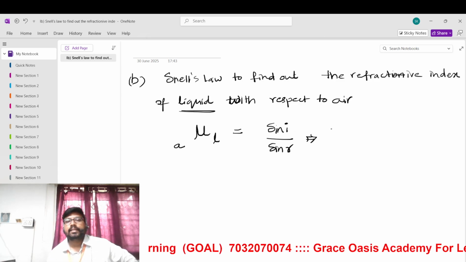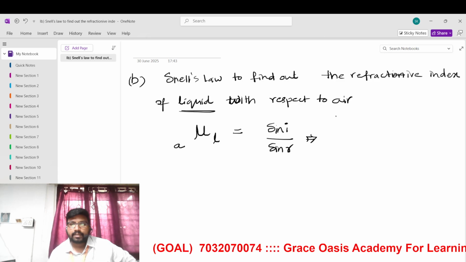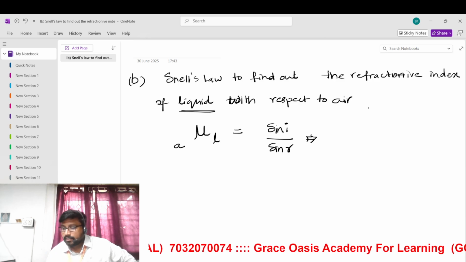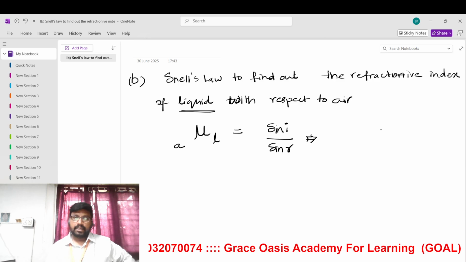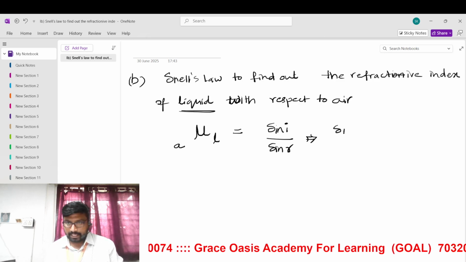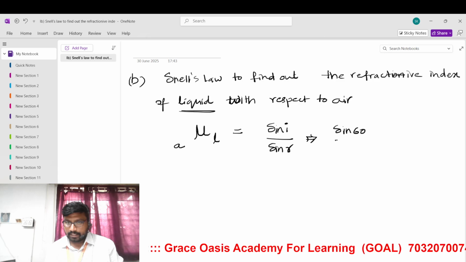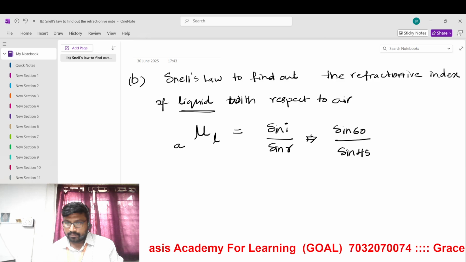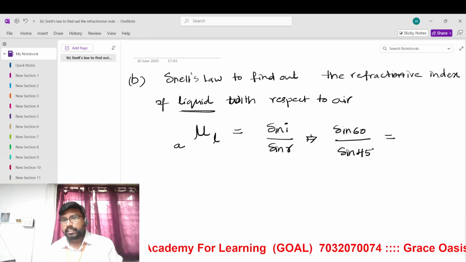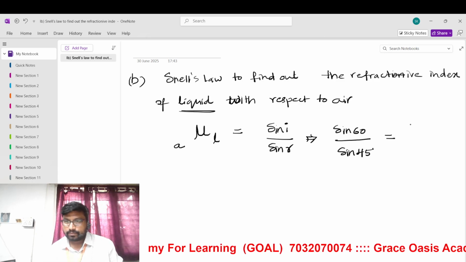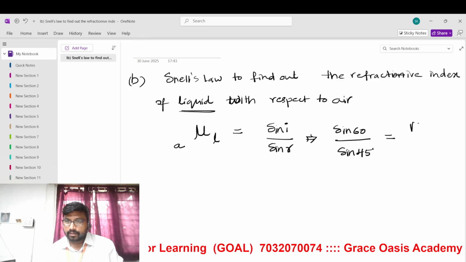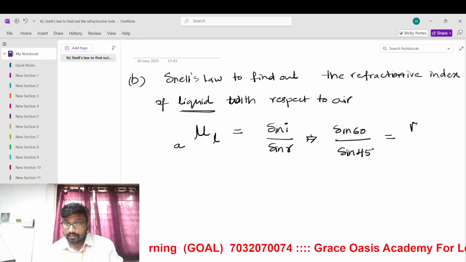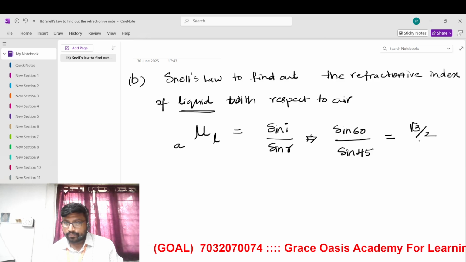What is the sin I here? We have seen previously, angle of incidence I, sin 60. And what is the R? Sin 45. So what is sin 60 value? Sin 60 is root 3 by 2.